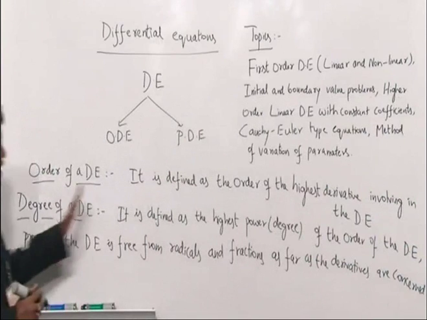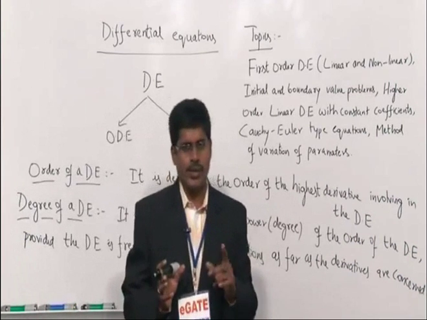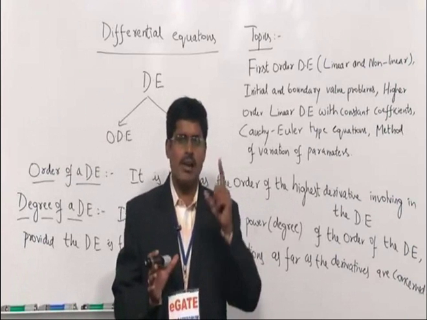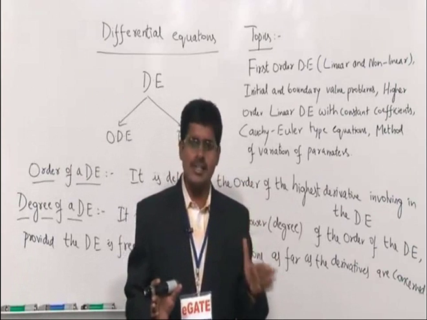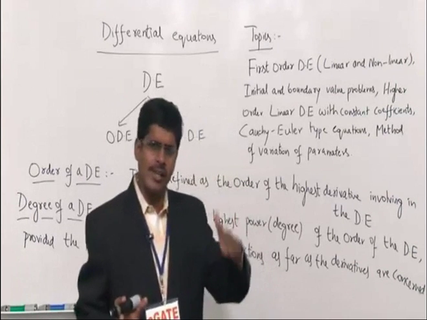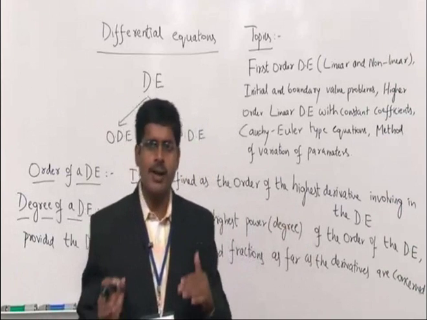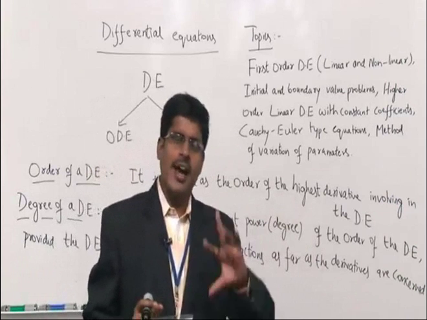Now, highest derivative, for example, d square y by dx square, that is the second order derivative. If it is the highest derivative, then the order of the differential equation is 2. Like that you find the highest derivative in a given equation; that order is called the order of the given differential equation.